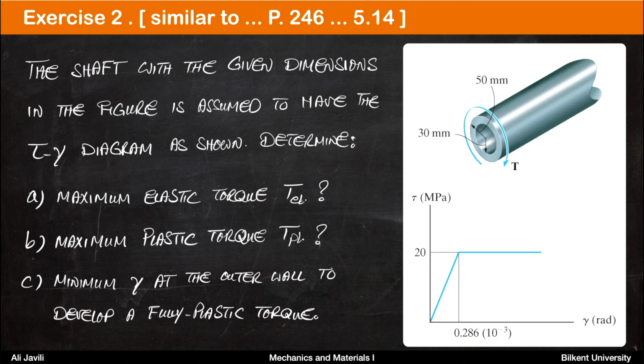So how much rotation or how much shear strain we need at the outer wall to develop a fully plastic torque. The dimensions of the shaft are given here. So 30 and 50 millimeters are the inner and outer radius respectively.